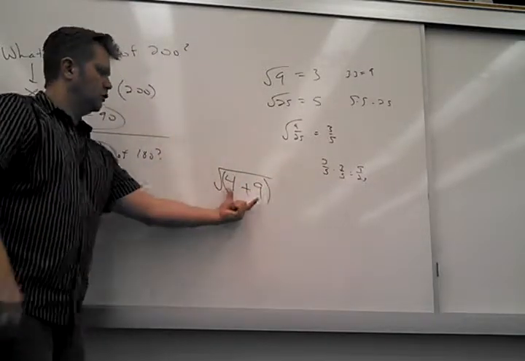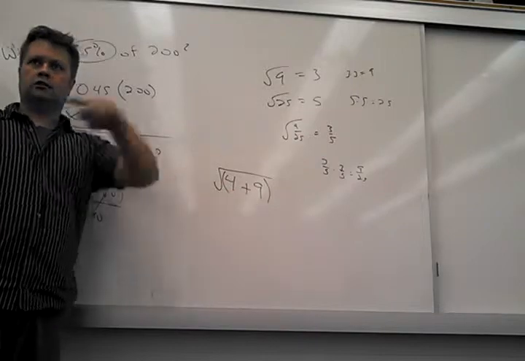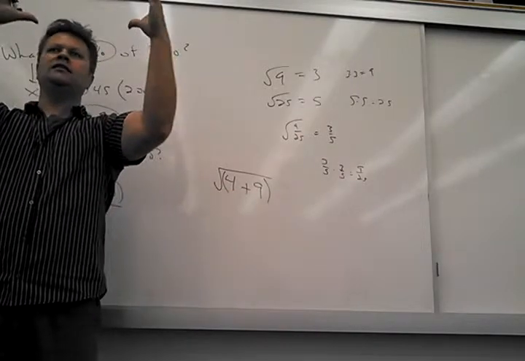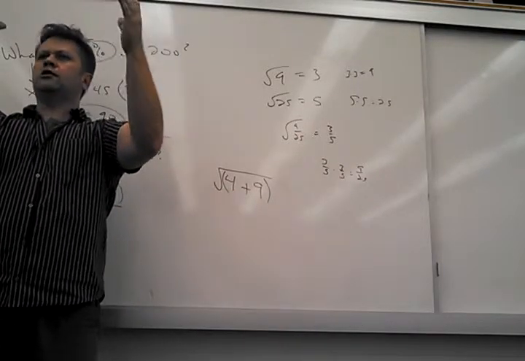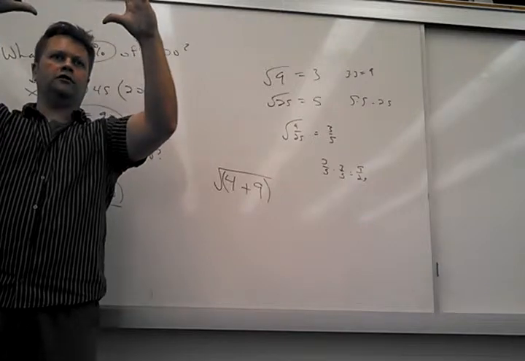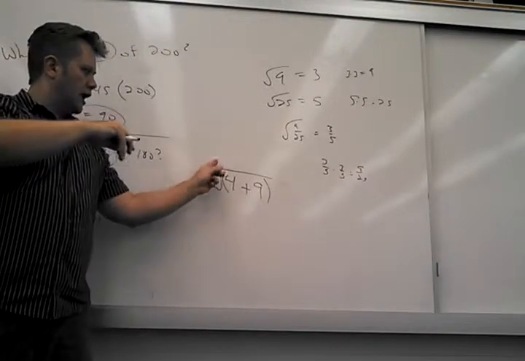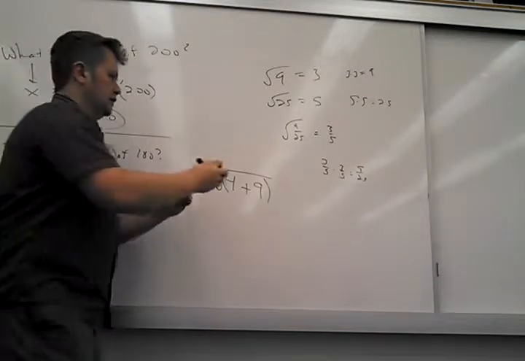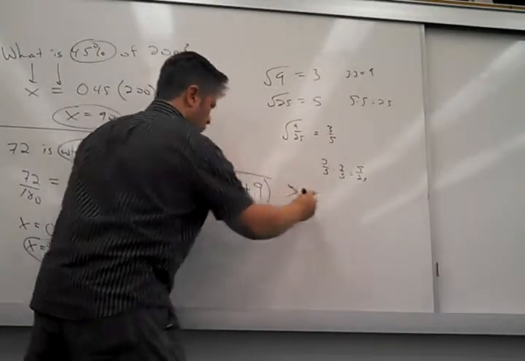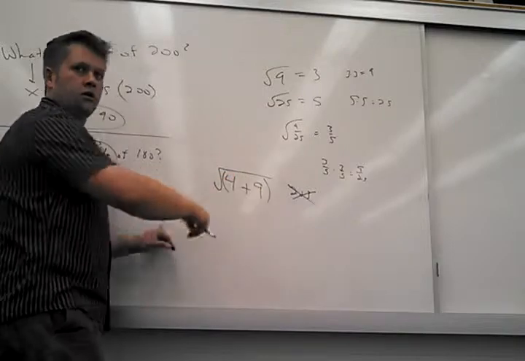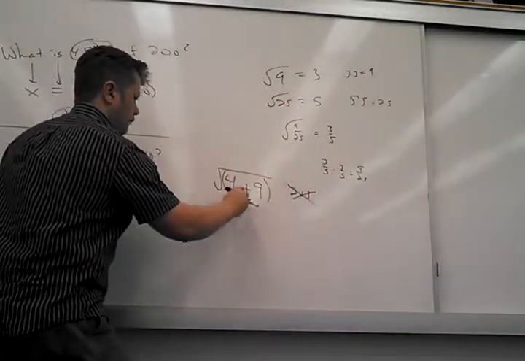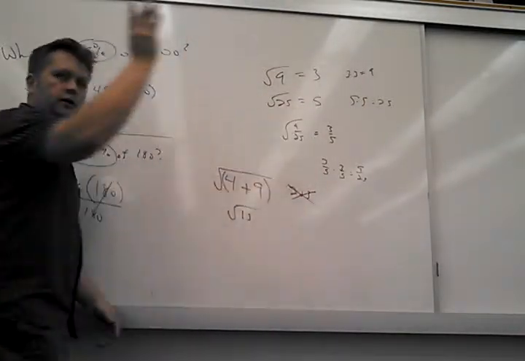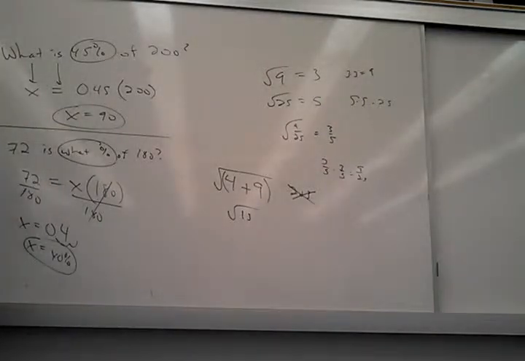You have to do what's inside of it first. That square root symbol has an inside to it. We know order of operations is you do the inside stuff first, right? Square roots can't distribute to each piece. They don't work that way. So you can't say this is 2 plus 3. No. Square root of 4 is 2, square root of 9 is 3? No. This is square root of 13, which is some ugly number.